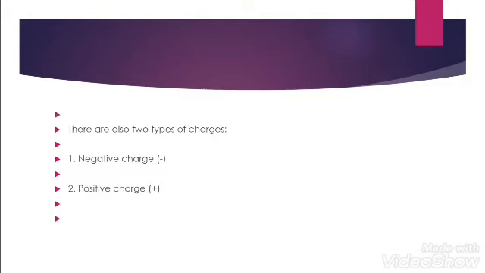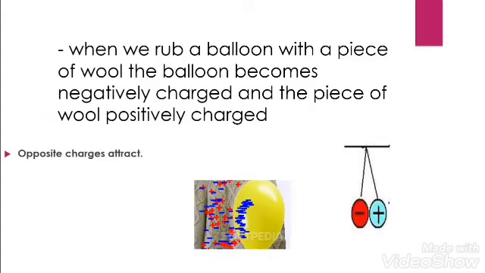There are two types of charge: negative charge and positive charge. When we wrap a balloon with a piece of wool, we charge the balloon. We make this object negatively charged and the piece of wool positively charged.